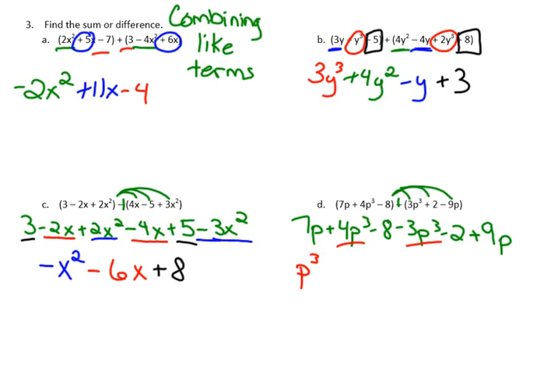I don't have any squares, so you just skip that part. Then I have 7p and 9p, which gives me 16p. And then I have my constants, -8 and -2 is -10. So this is also a trinomial, but this is a degree 3, and my leading coefficient is 1.